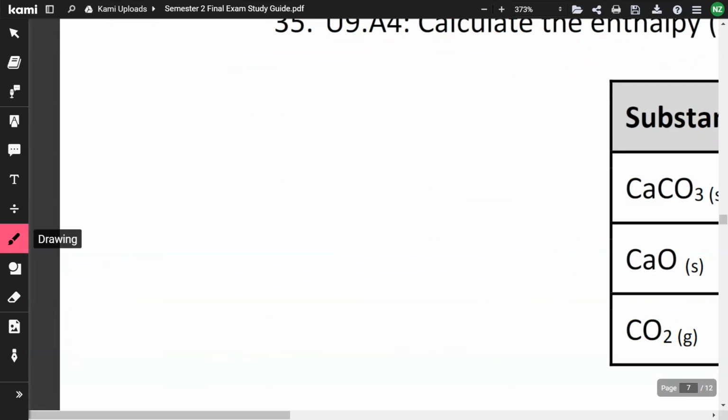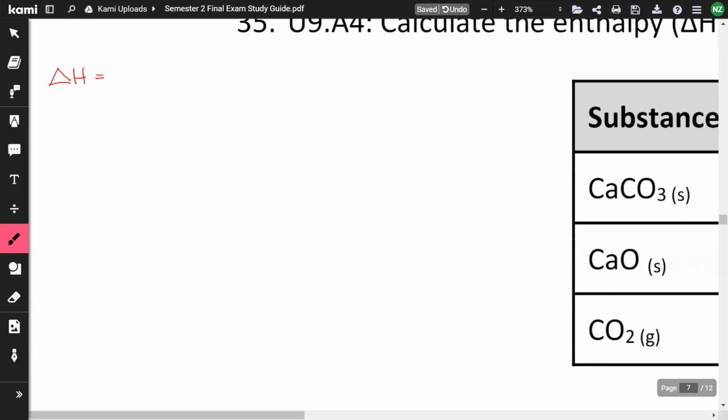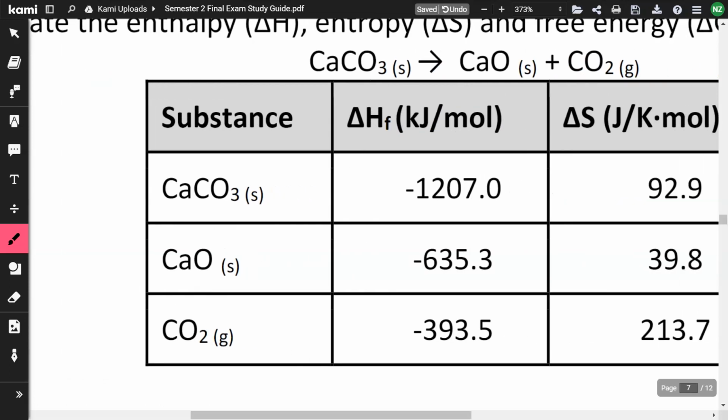All right, for enthalpy, delta H is going to be equal to products minus reactants. So I'm going to go to my data table here, and I'm going to use the values for delta H. All of my pieces here have a coefficient of 1, so I don't need to multiply any of these values.